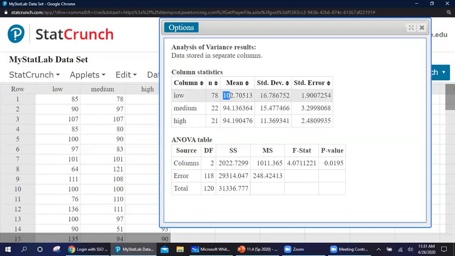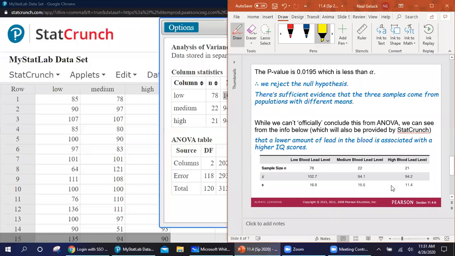So again, at least one of the means is different. So we can conclude from this, statistically, that having lead in your system, either of medium or high levels, will lower your IQ. We have statistical evidence of that.